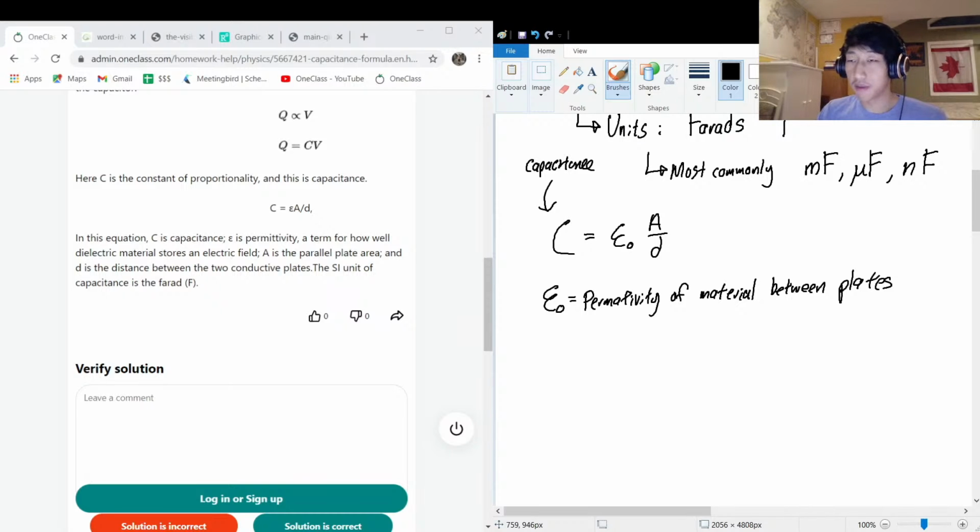You might also have a piece of dielectric, maybe a piece of plastic, between the parallel plates, and that will have a different permittivity. It's basically saying how well the material between them is able to store an electric field. But this will generally be given to you by the question. A is the area of the plate.